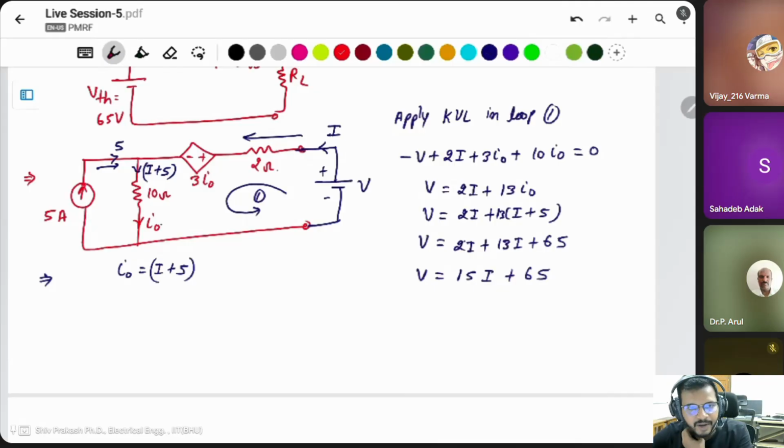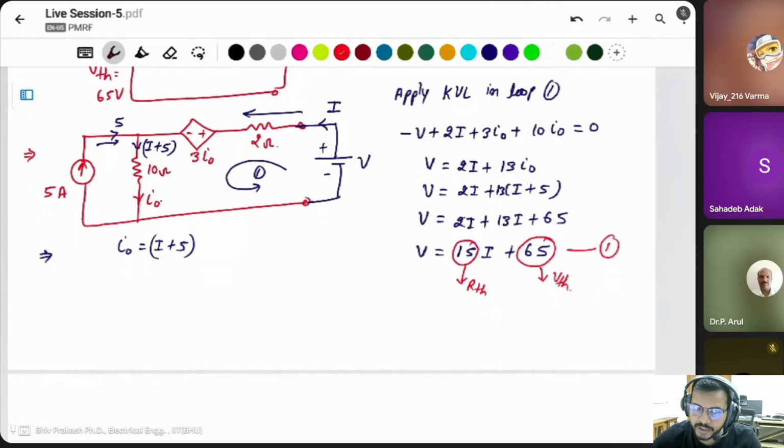We simply apply V and I and find the V and I equation like that. In this case, this is your RTH, and this is your VTH. We get both in a single equation, VTH and RTH.